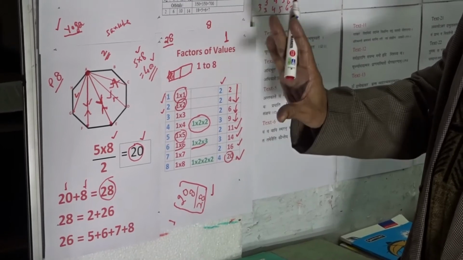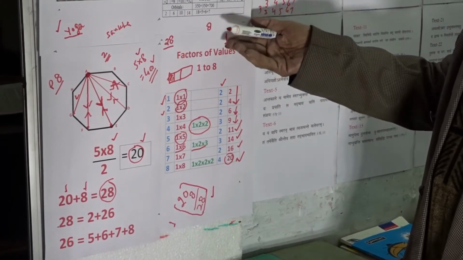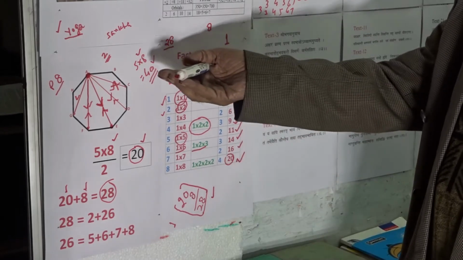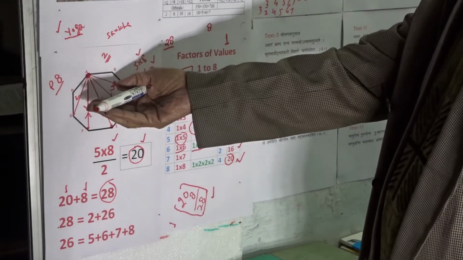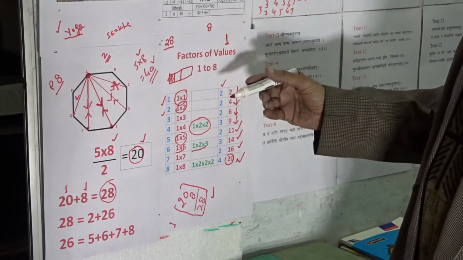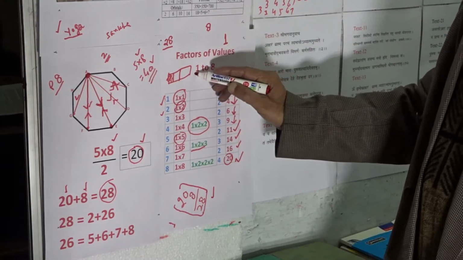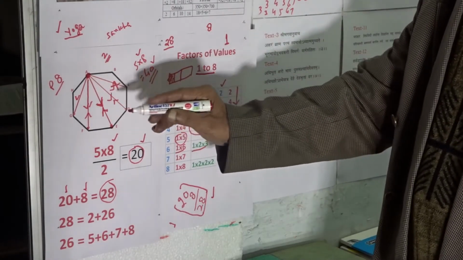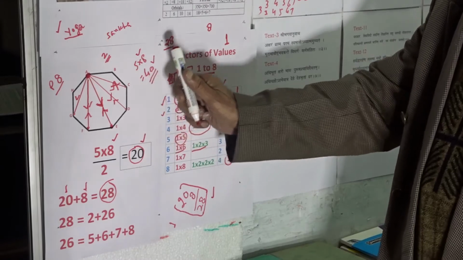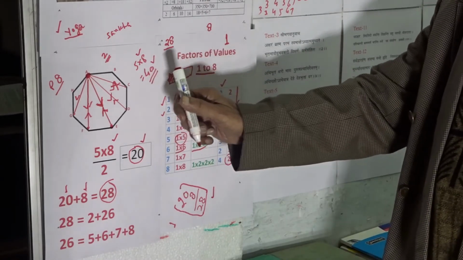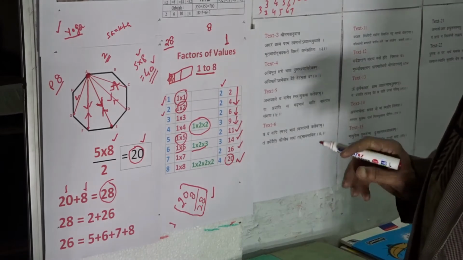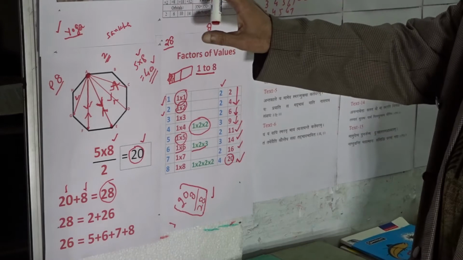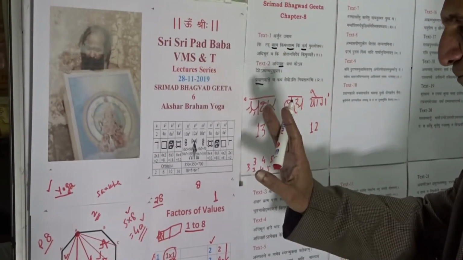On the other hand, Yoga Nishtha presumes the existence of the artifices of numbers and avails the geometric format here of octagon. So values range 1 to 8 and octagon format are being simultaneously availed for chase of the values and features of chapter 8. The chapter 8 is Akshar Braham Yoga.